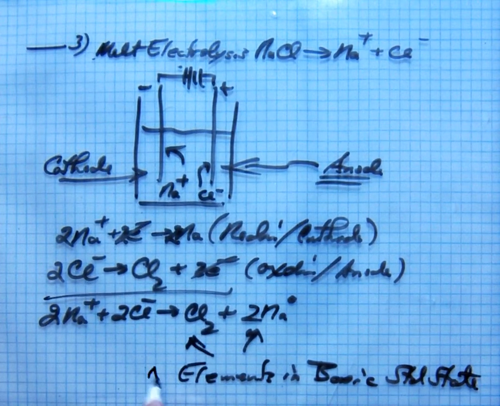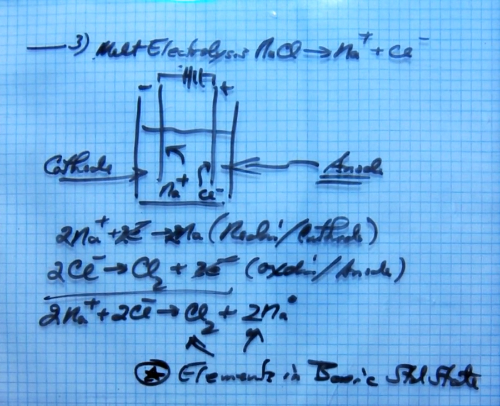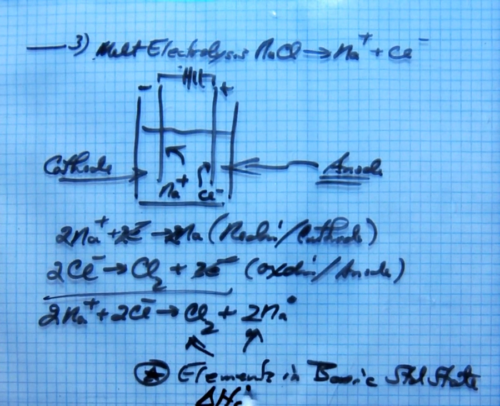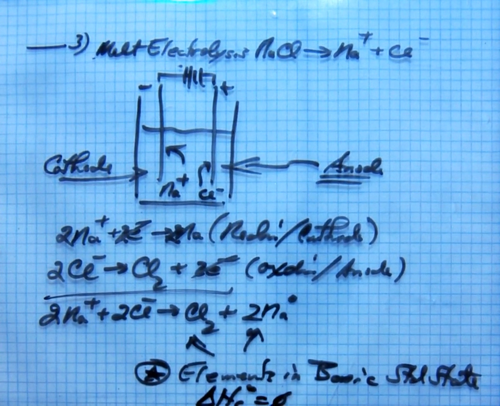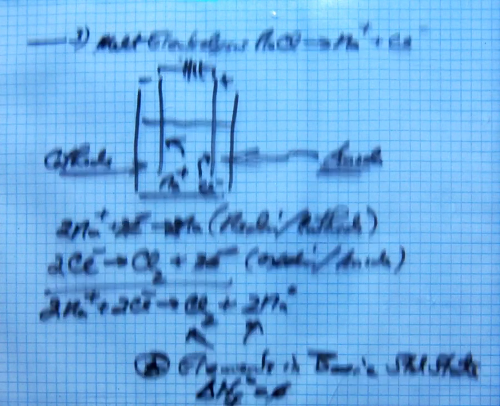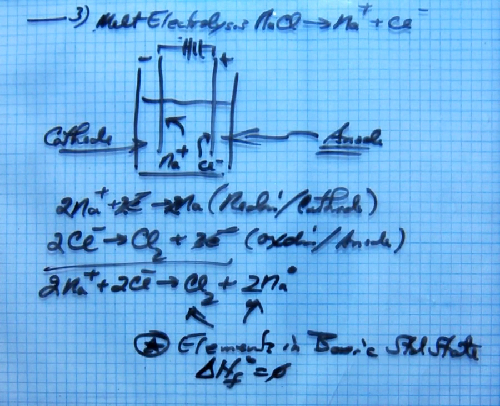That is, you'll find these with a delta HF with a value of 0 in the back of the book. Okay, so for these, delta HF becomes 0 in the standard state form.